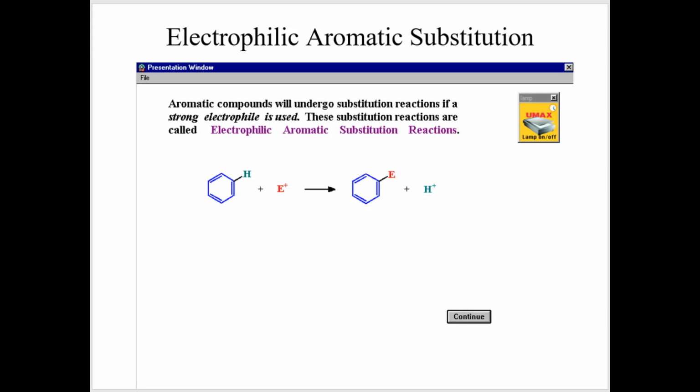Okay, so in the last lecture video, I introduced the idea of electrophilic aromatic substitution, where we react an electrophile with a benzene ring and substitute for a hydrogen, replacing that hydrogen with the electrophile.